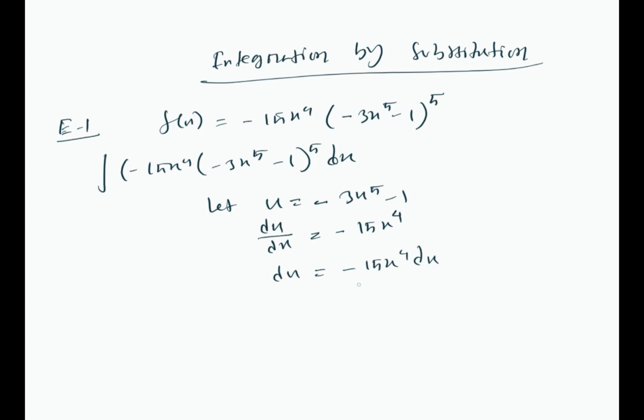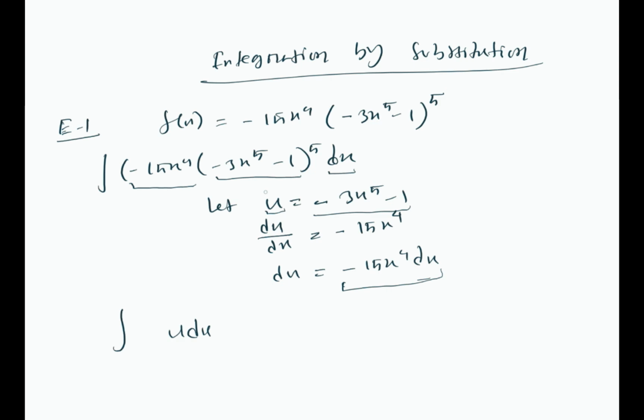Okay, so if you check this du, minus 15x to the power 4 dx, see here we have minus 15x to the power 4, here we have dx, and if you check u we have this thing. Okay, so this part is u, so we can rewrite this function simply as the integral of u du.